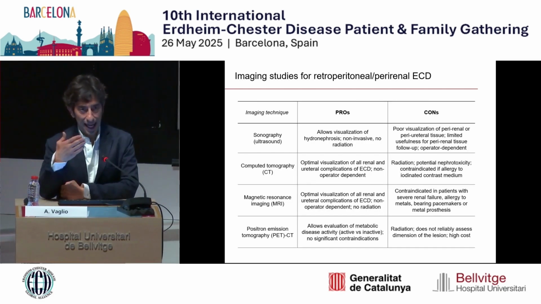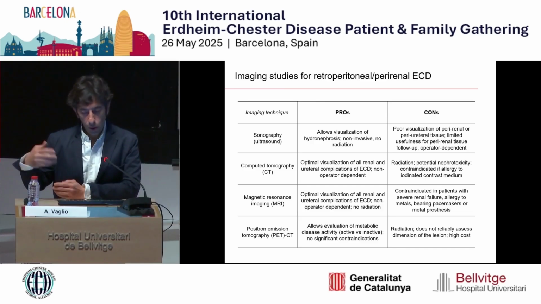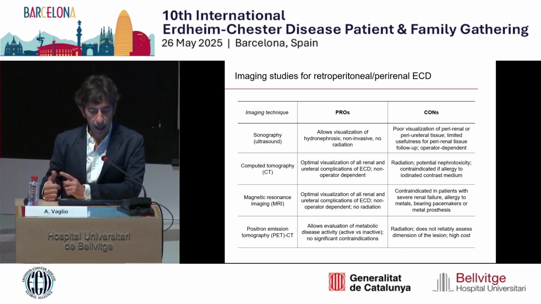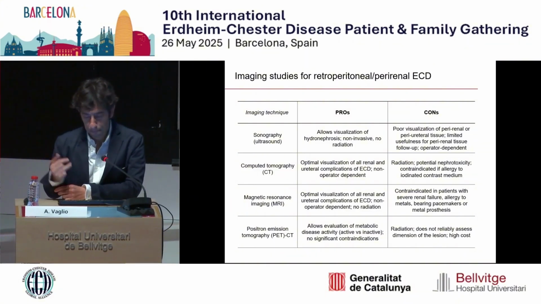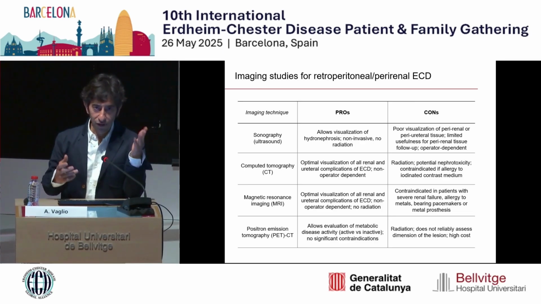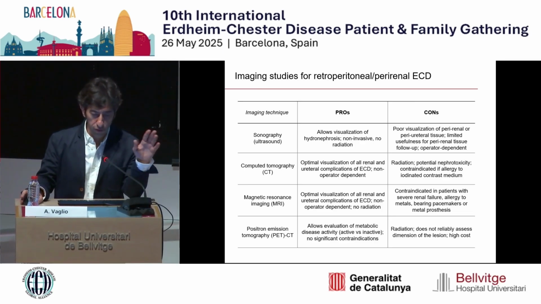When we stage, so we work up patients with ECD that have retroperitoneal disease, we usually use ultrasound, computed tomography, MRI, so magnetic resonance imaging, and PET-CT. There are advantages and disadvantages of all of these imaging techniques.